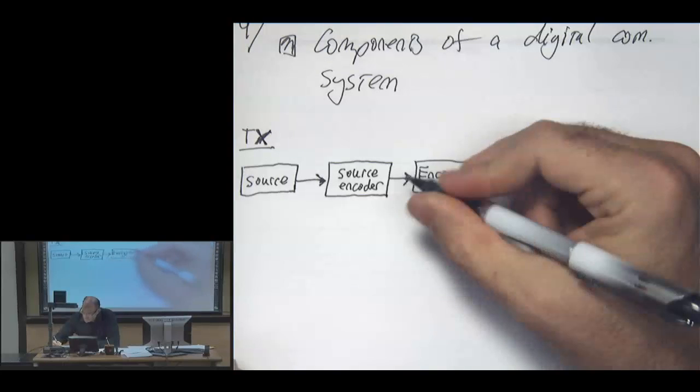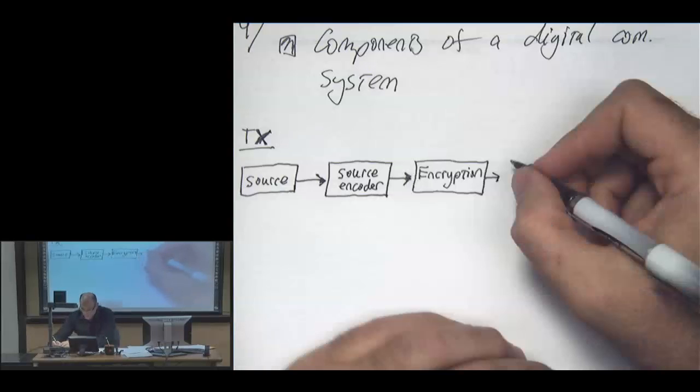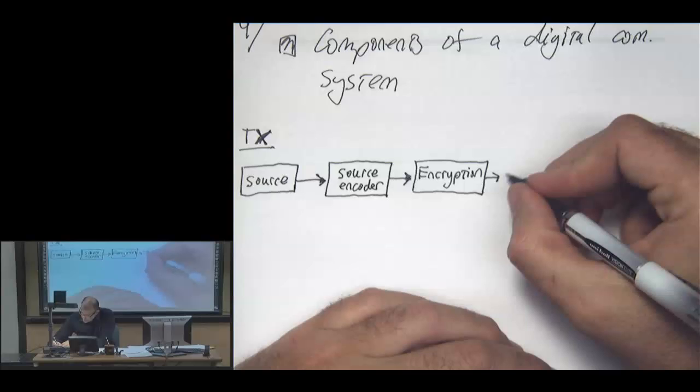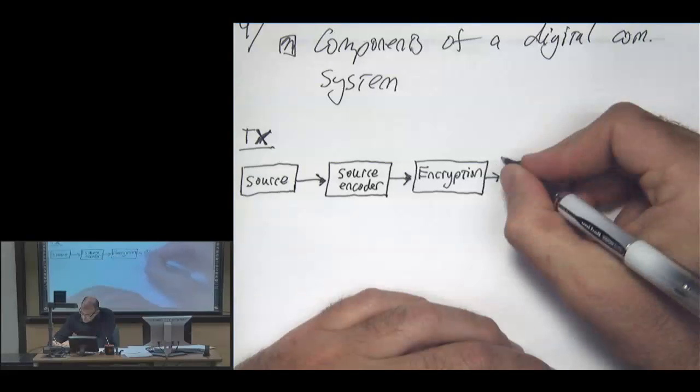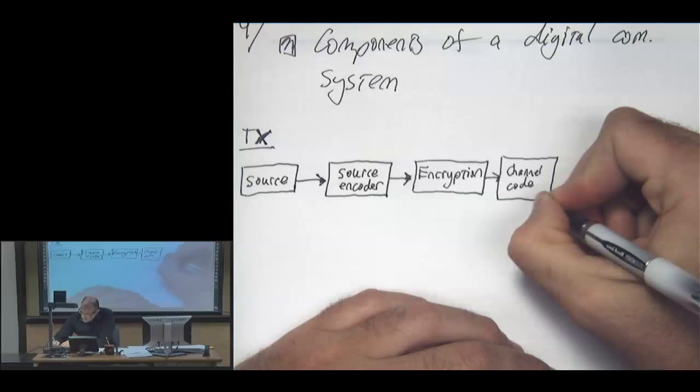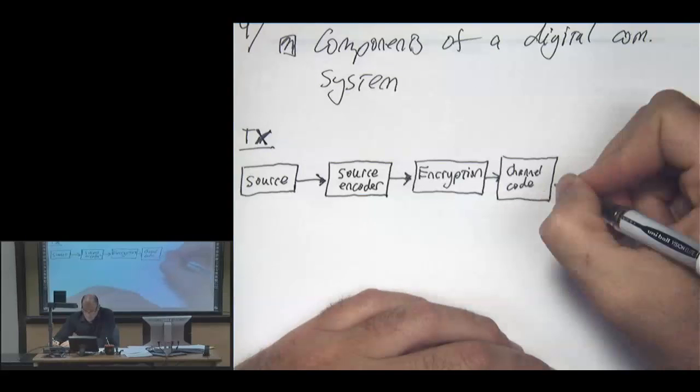I'll explain in more detail what each of these blocks is, but first I need to draw the whole diagram. So encryption, and then we have channel coding. The channel code is going to add redundancy into the signal so that we can correct for errors.